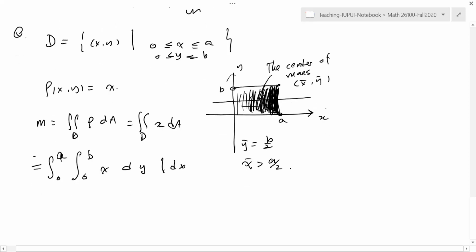First of all, x is constant with respect to y. Oops, where's my file?